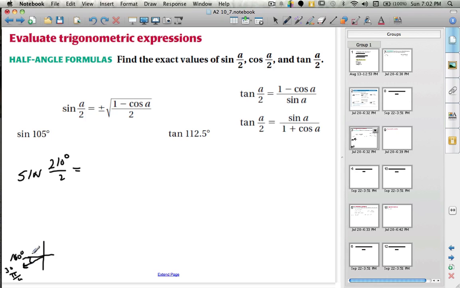So pi over 6. Okay, so now this will be plus or minus the square root of 1 minus the cosine of A, all over 2. Well, the cosine of 210 would be the x-coordinate, so the x-coordinate here would be negative root 3 over 2. Again, I'm going back to the unit circle. You could use what you've learned about reference angles.